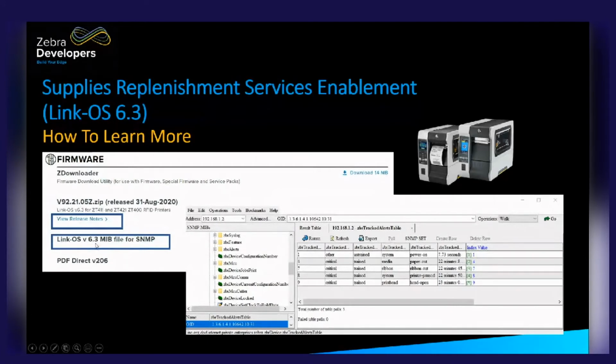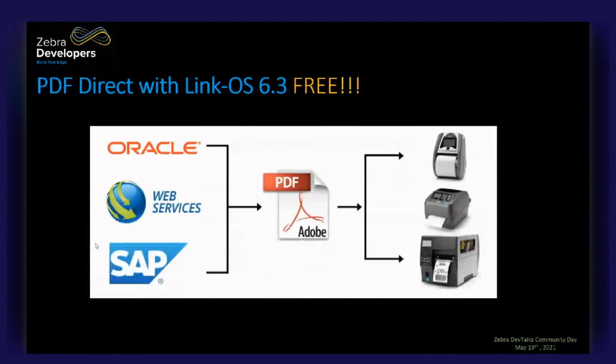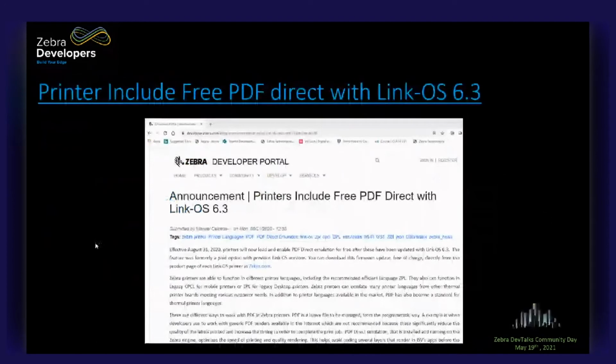With LinkOS 6.3, PDF Direct is now free for anybody. So what you need to do to work with PDF Direct. If you are already familiar with working with PDF, this will just be a review for you. If you already have LinkOS printers in operation and you haven't updated to LinkOS 6.3, the expectation is that you do the update to LinkOS 6.3, and we recommend doing that update.